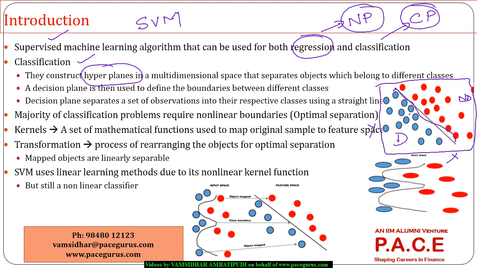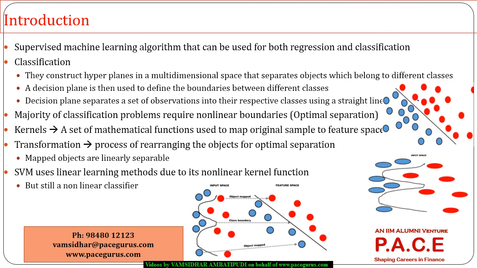This is a very simple classification, but it helps in understanding: the support vector machine tries to draw a hyperplane. Here it is a linear separation, but in a multi-dimensional scenario this line could be replaced by a plane.